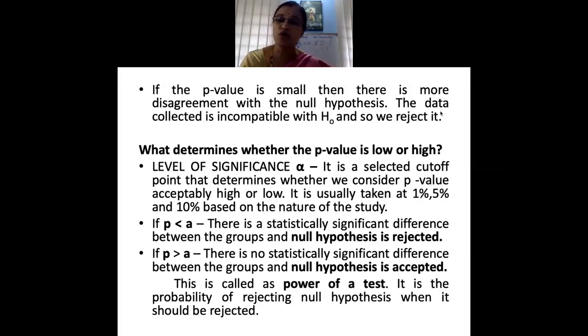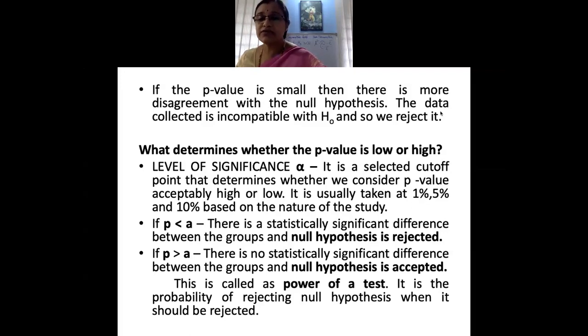If p is more than alpha, that means there is no statistical difference between the groups and the null hypothesis gets accepted. What happens when the null hypothesis gets accepted? That means there is no relationship between the educational level and also the experience.